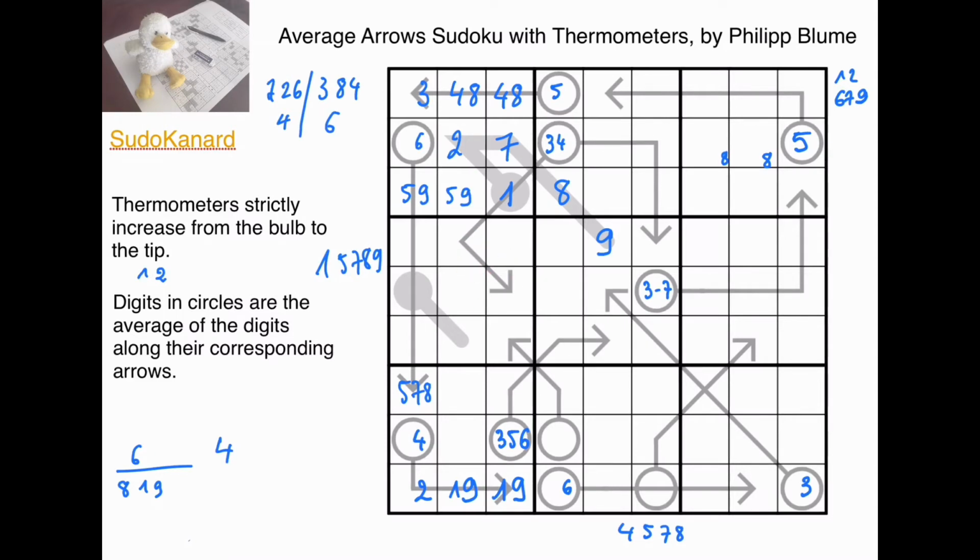What about those? Well, there are a lot of options. If this is a 3, then those must have a sum of 8, and 2 and 6 would work. With 4, we have plenty of options, 5 and 6, for instance. Bobbins. Well, those 4 digits have a sum of 12.